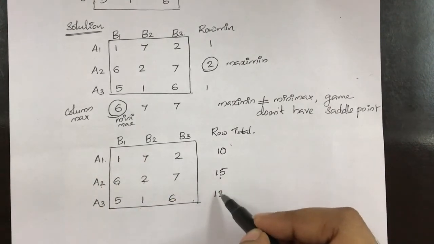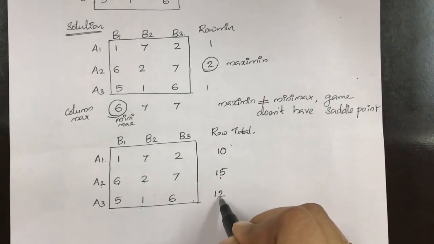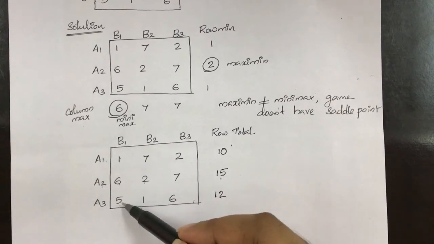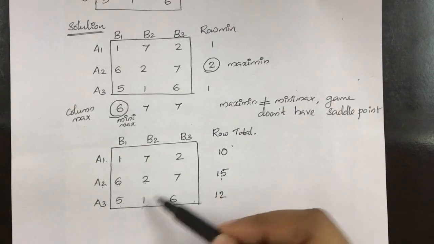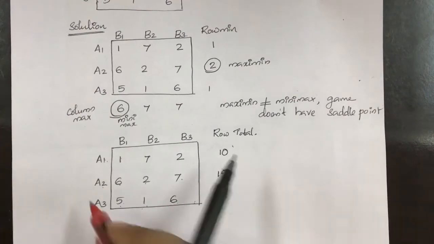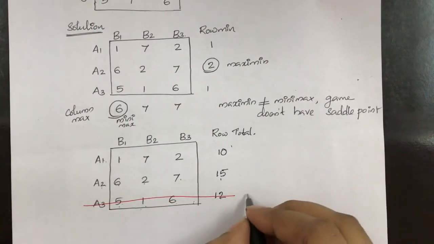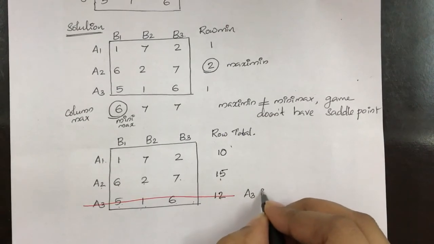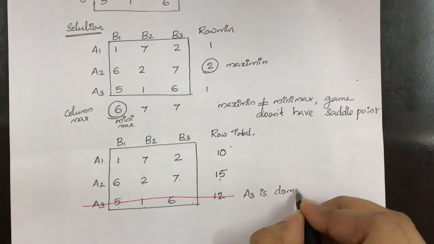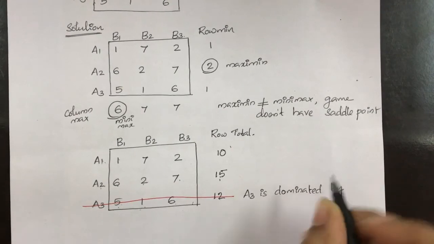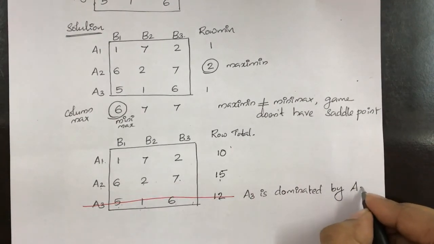Now I am going to compare this with this row. So 6, 5: this is the lowest. 2, 1: this is the lowest. 7, 6: this is the lowest. So we can delete the lowest row. So A3 is dominated by A2.